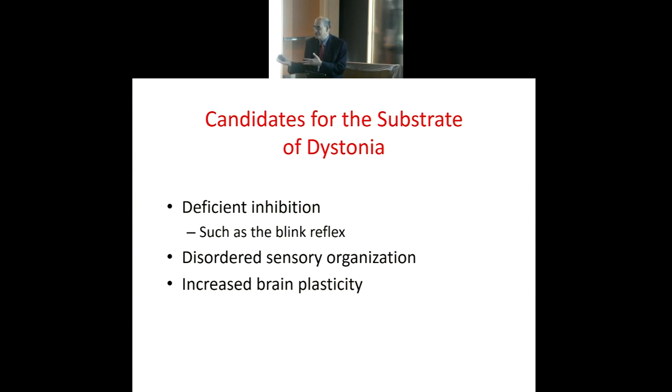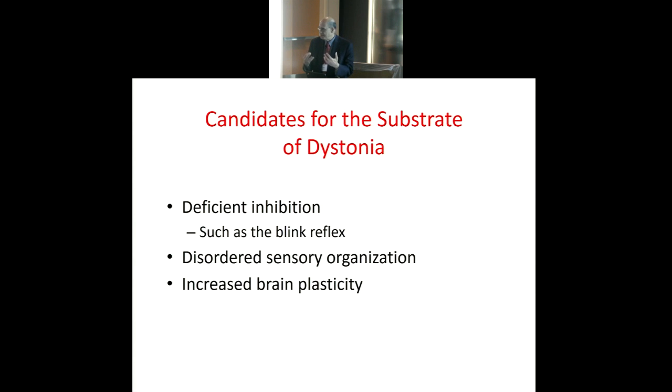And what we see is that there's a loss of inhibition in many different areas, allowing for more activity to come out. And what that more activity would be is, for example, excessive eyelid closure. That's the sort of outcome that we think comes from a loss of inhibition.